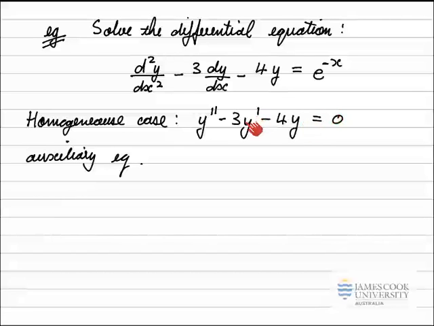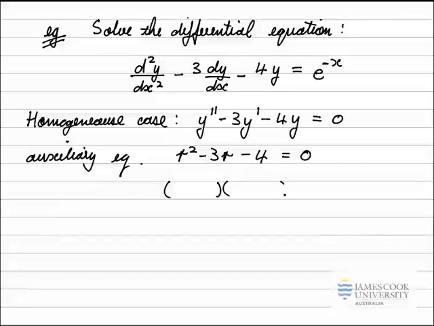So y dash will have an r in front, y double dash will have an r squared in front, and I can write out the auxiliary equation without the exponentials by replacing the double dash with r squared, the dash term with r, and the y term with just 1, and that will equal 0. This is the quadratic which defines the left-hand side, and it's the auxiliary equation. I now solve this auxiliary equation to work out one of the three cases that I have.